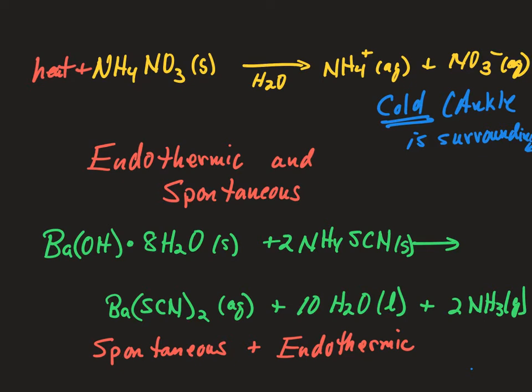So we can see that being exothermic, giving up heat energy, is not always enough to predict whether a process is going to be spontaneous. And so clearly we're missing something if we're just looking at the exchange of heat energy. There must be another thermodynamic factor that helps predict whether reactions are going to be spontaneous. Heat is only part of the equation. So let's look at the other factor.